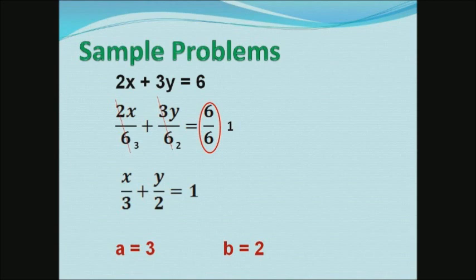So that means our x-intercept is 3 and our y-intercept is 2. So the straight line with a standard equation of 2x plus 3y equals 6 has two intercepts, the x-intercept which is 3 and the y-intercept equal to 2.